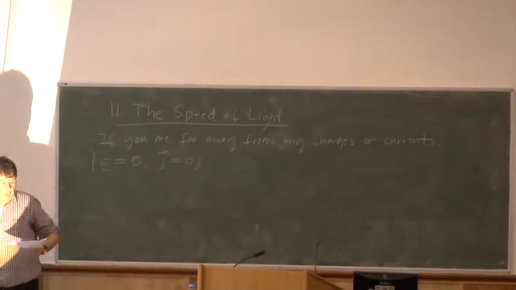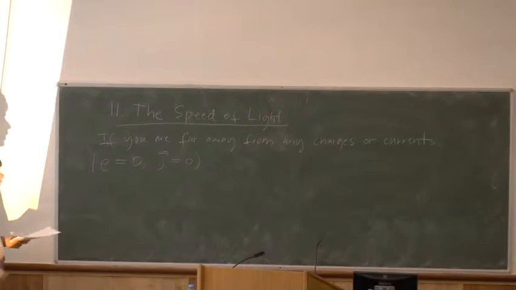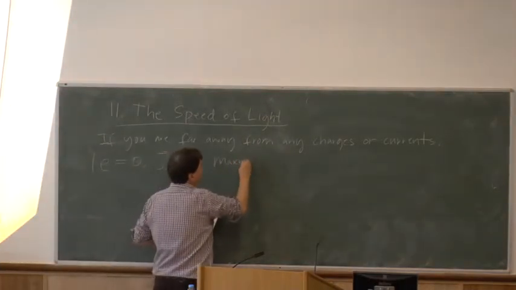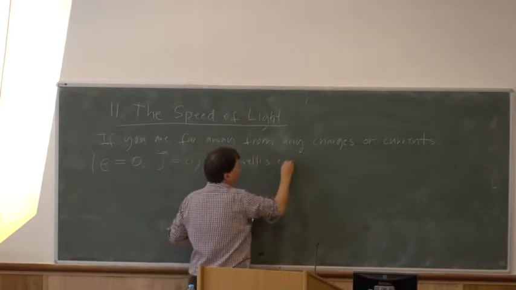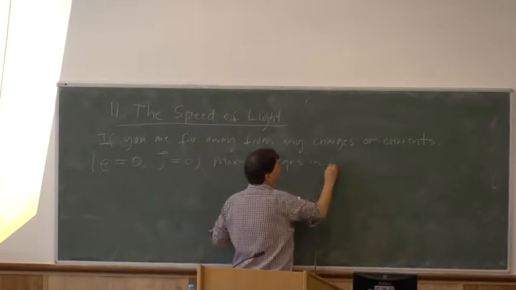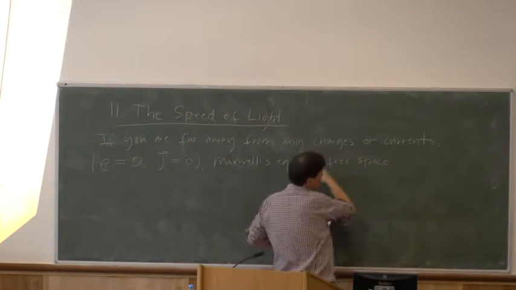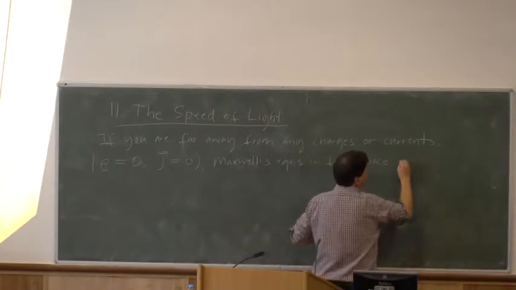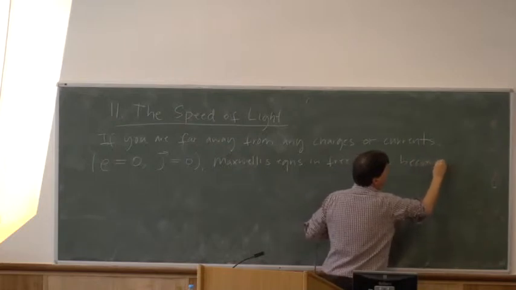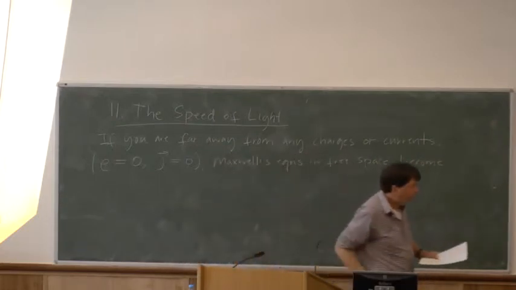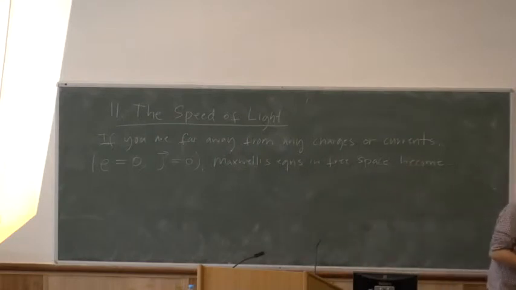We're going to move away from the charges and currents. Then we get Maxwell's equations in free space, the name given to the four equations that I'll put up now.